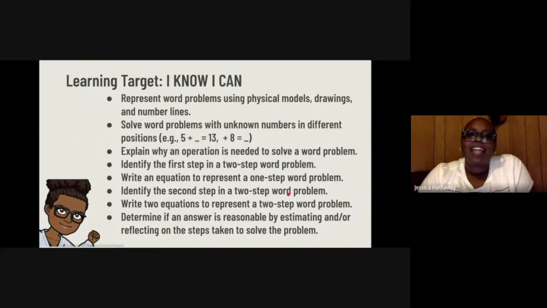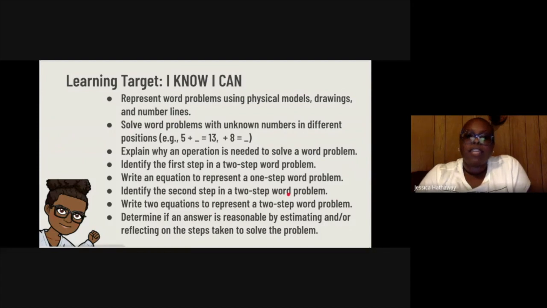So, our learning target. I know I can represent word problems using physical models, drawings, and number lines. I know I can solve word problems with unknown numbers in different positions. I know I can explain why an operation is needed to solve a word problem. I know I can identify the first step in a two-step word problem.